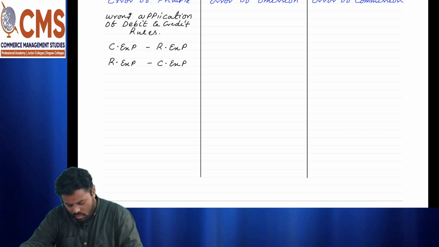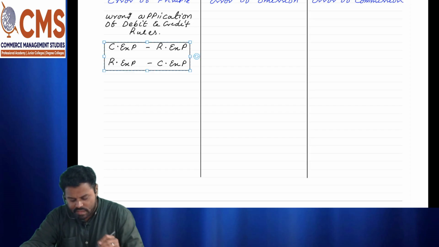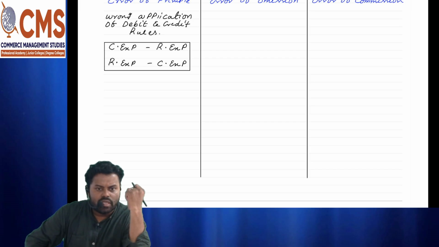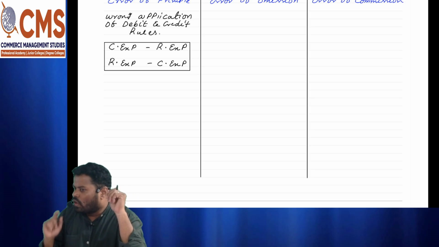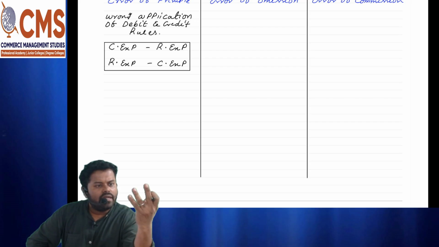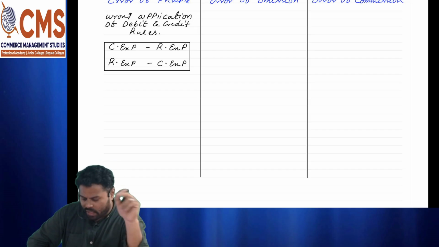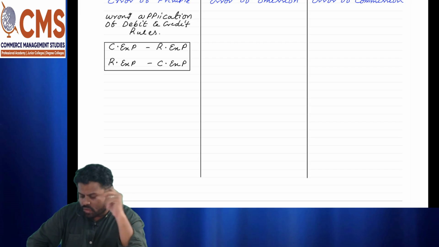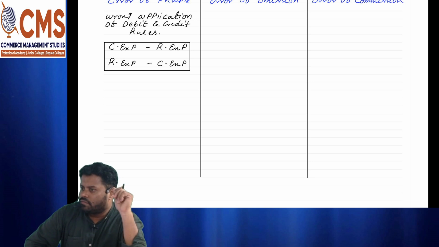So what is this? Just now we took an example. Laptop is purchased. Laptop is technically a capital expenditure, right? Why? Because the laptop will give us long-term service. Instead of writing it as laptop, this guy wrote it as purchases. That amounts to an error of principle because capital expenditure is treated as revenue expense.